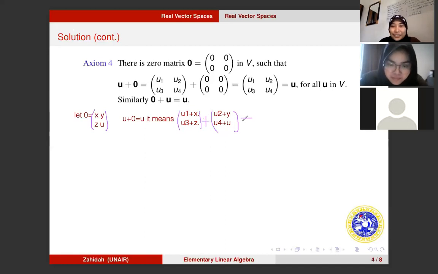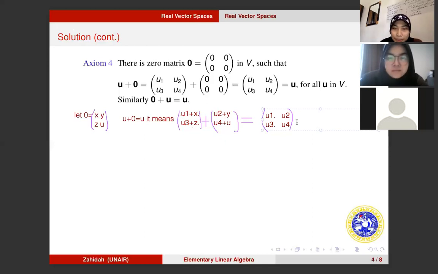This one equals this one equals u1, u2, u3, and this one u4.